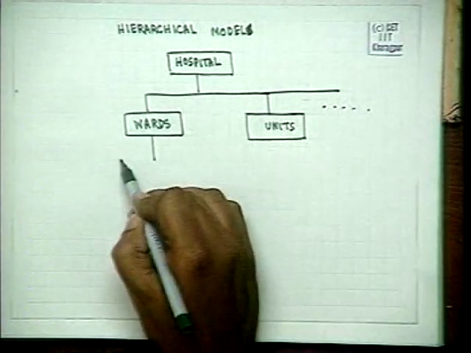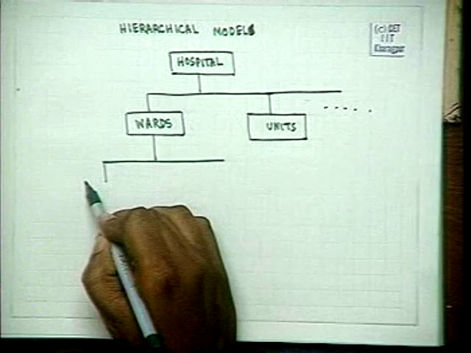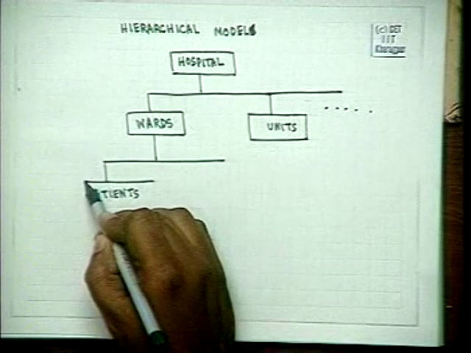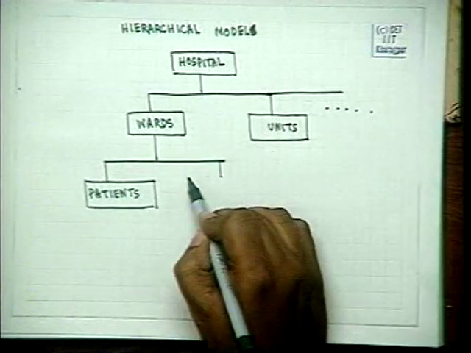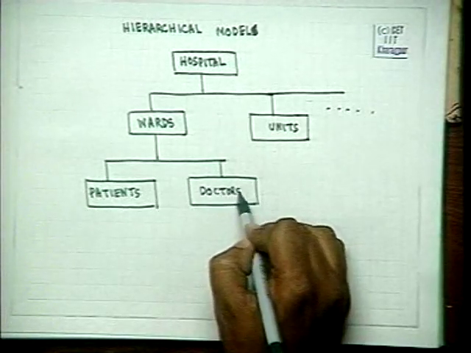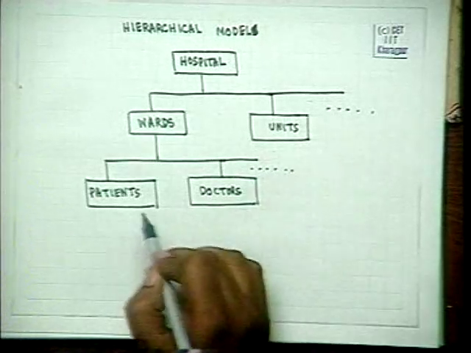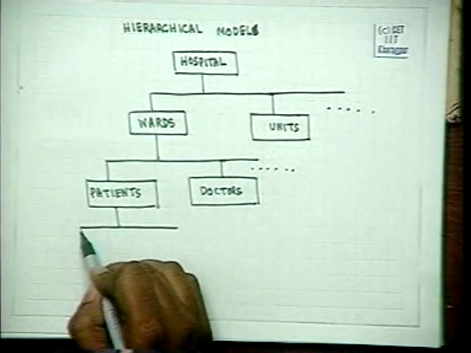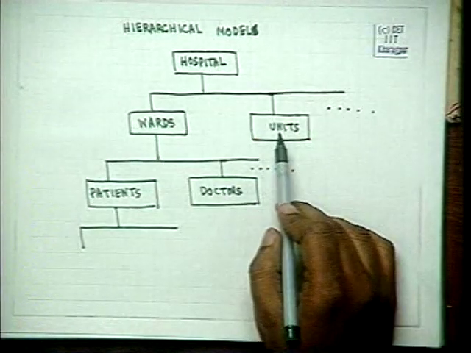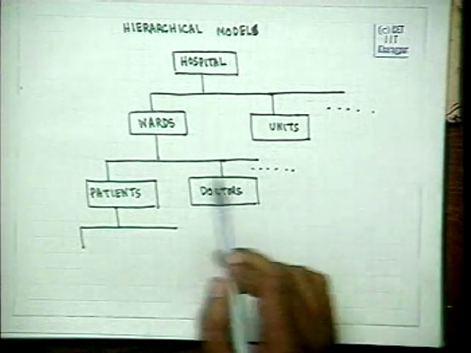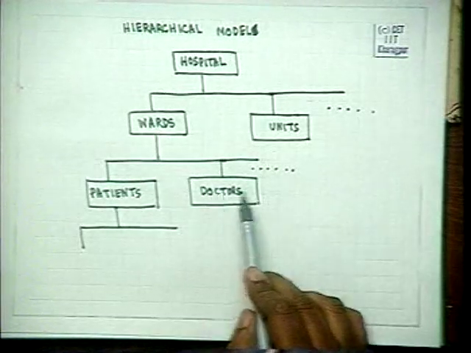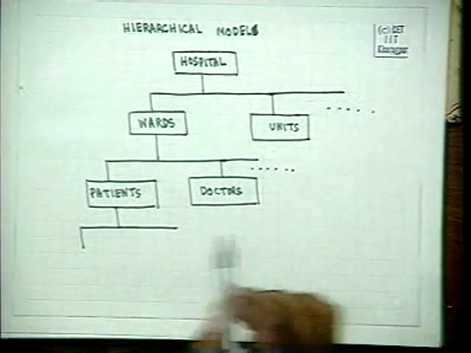A ward may be broken down into patients, doctors, and other things. These are all information. Hospital information is broken down into ward information, units information. Units means cardiology unit, this unit, pathology unit. Information regarding a ward may be broken down into patients, doctors, nurses, etc., medicines.